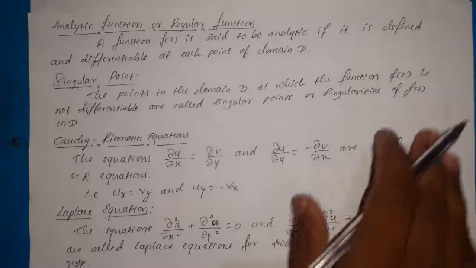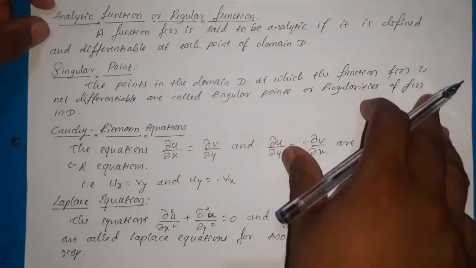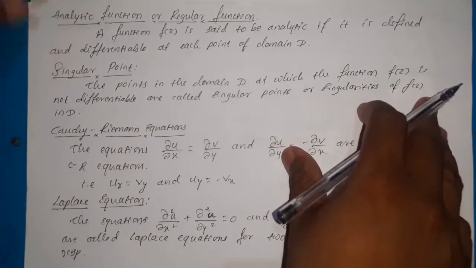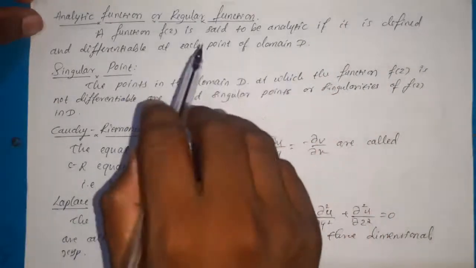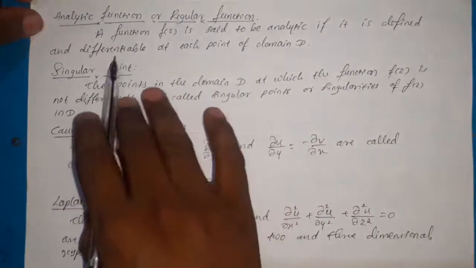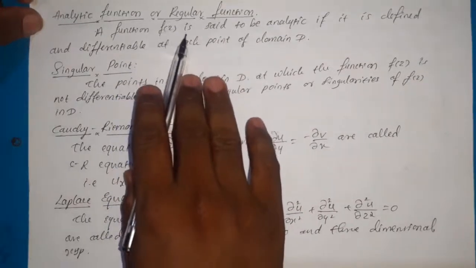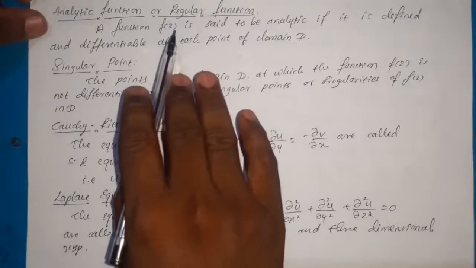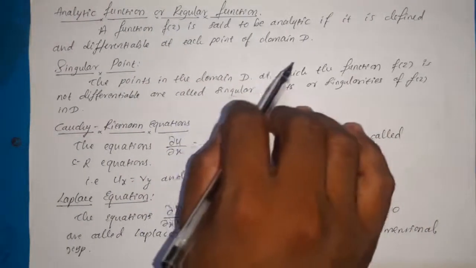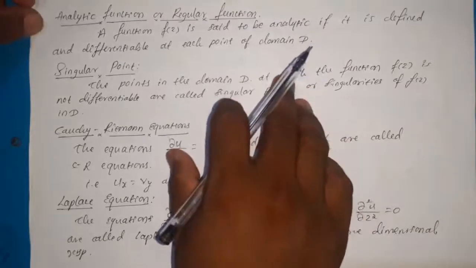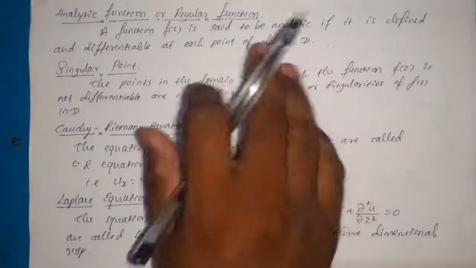Therefore, an analytic function should be defined, meaning it should give a finite value at each point of the domain D, and also its derivative, the derivative of the function f of z, should be defined at each point of the domain D. If these two conditions are satisfied, then only the function f of z is called an analytic function.